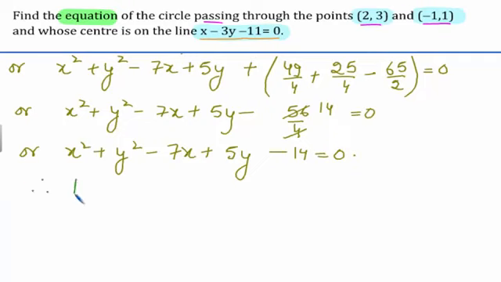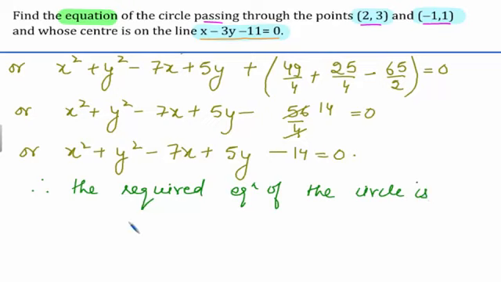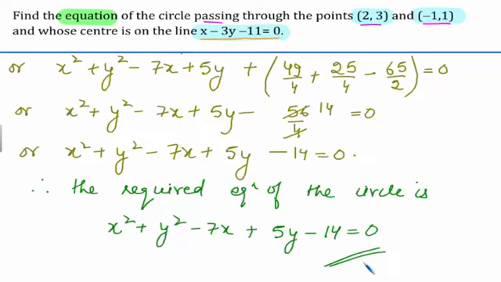Therefore, the required equation of the circle is x square plus y square minus 7x plus 5y minus 14 is equal to 0. This completes the solution.